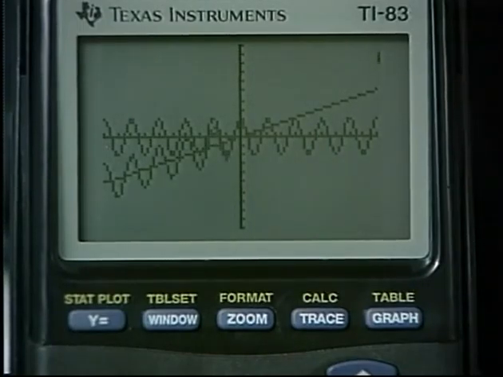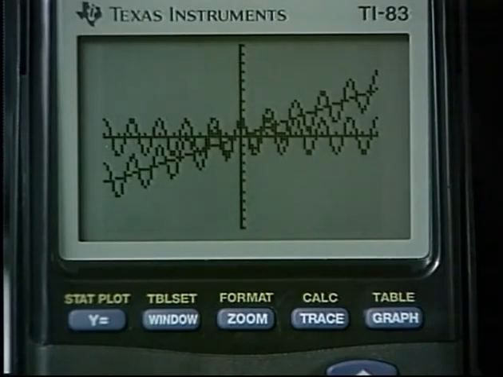And notice it kind of looks like we are causing this cosine curve to take on a rather linear pattern. And that is fundamentally what happens when we add two functions like this.